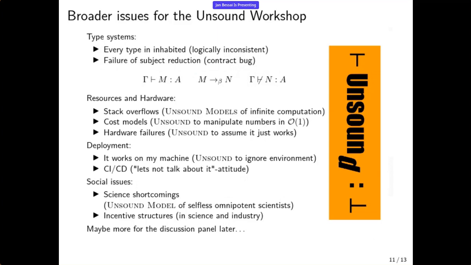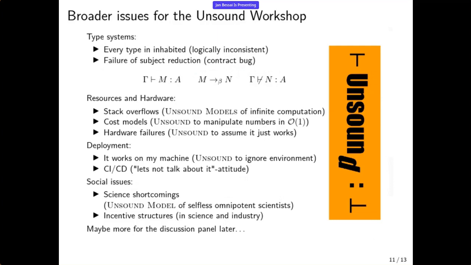So I've so far just talked about very, very specific, narrow things that have to do with logic and interpretations and bugs in specific things. But I would say that the issue for the Unsound workshop should also be a bit broader than these very narrow technical specifications.